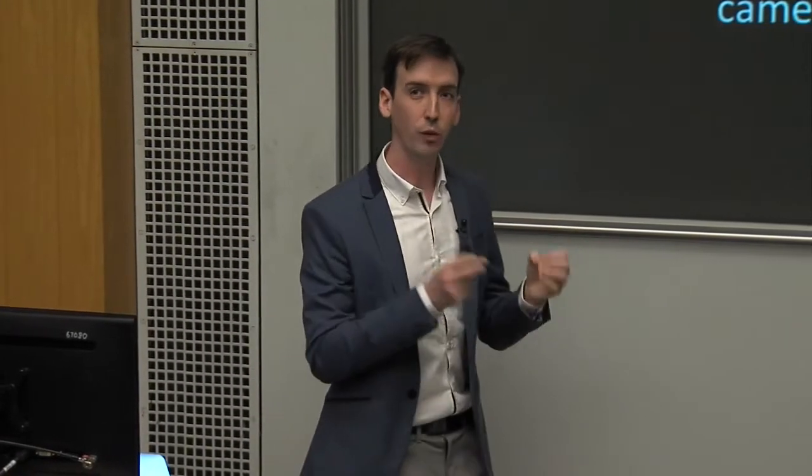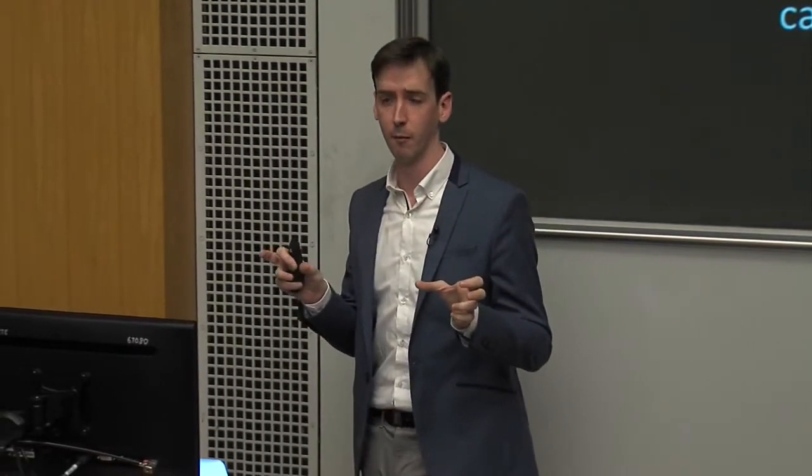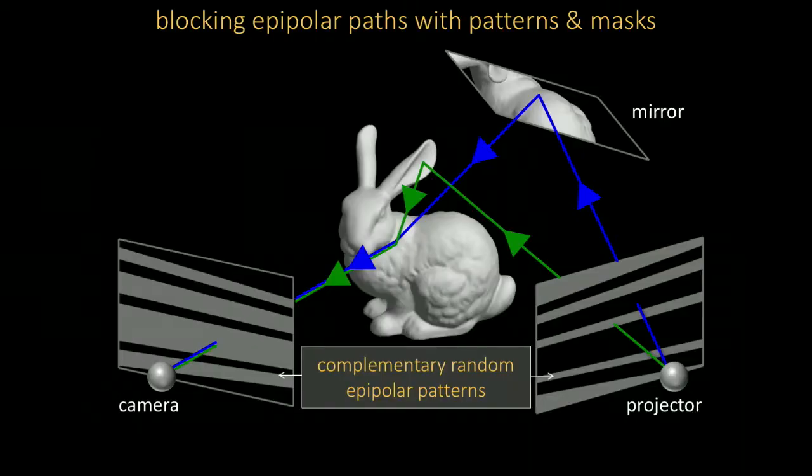So through this process of only exposing complementary epipolar lines, you make sure that you never illuminate a scene with one epipolar line and expose the corresponding epipolar line in your sensor, regardless of the scene geometry. You're going to always make sure that you block the direct light, because you know from this epipolar geometric constraint that no direct light will ever make it to the sensor.